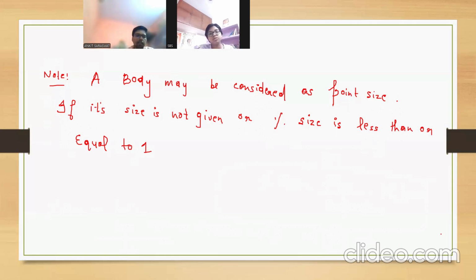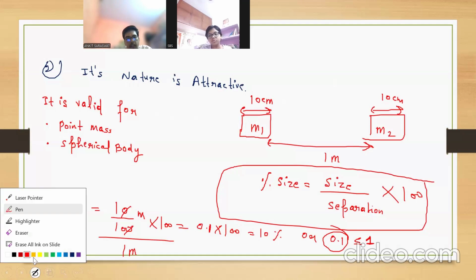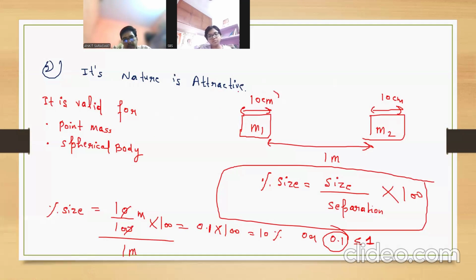Like the previous case, you can check. Size is how much? This is the size of the body, 10 centimeter. So 10 centimeter by 1 meter. If you multiply by 100, then how much will it come out to be? 10%.